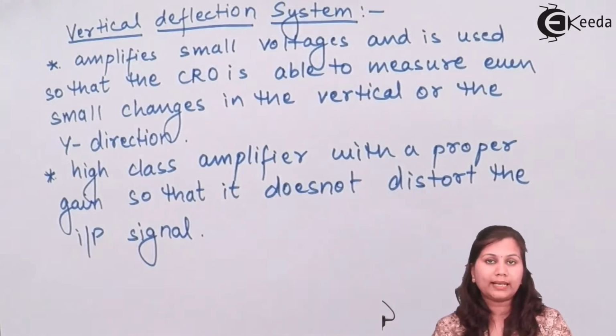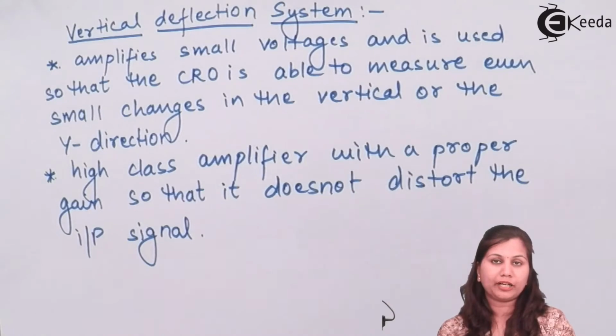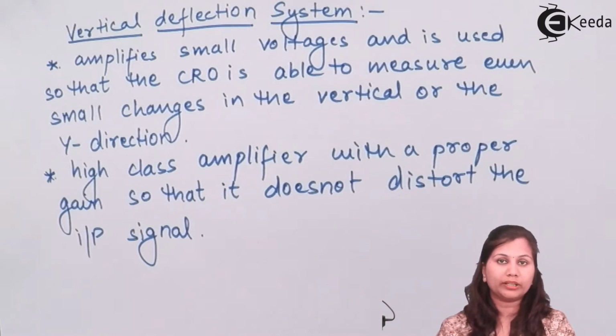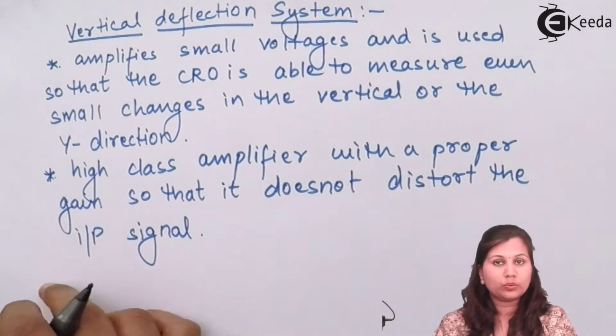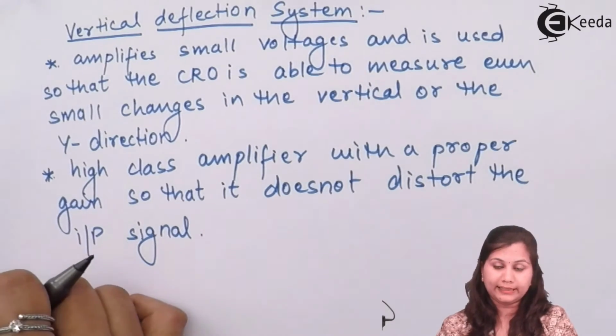So both these vertical amplifier and horizontal amplifier are used to amplify the vertical and the horizontal inputs. Another part of this vertical deflection system was the delay line.